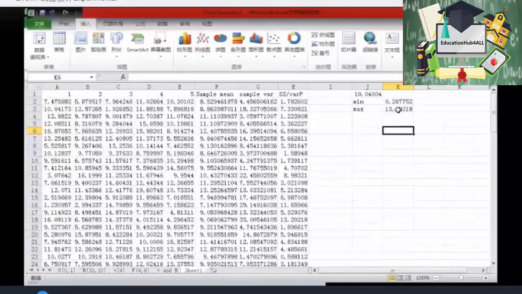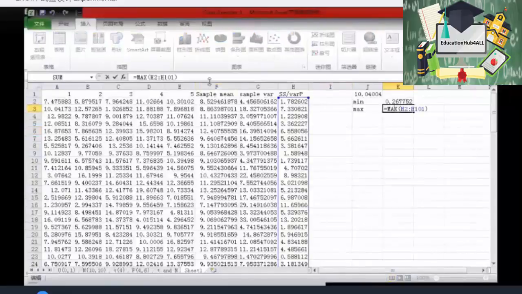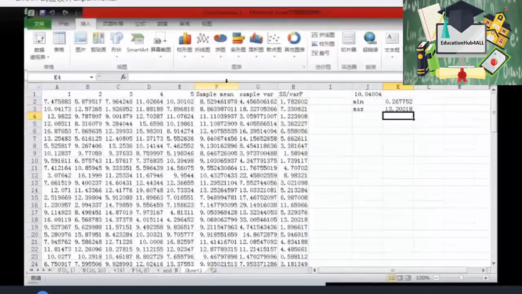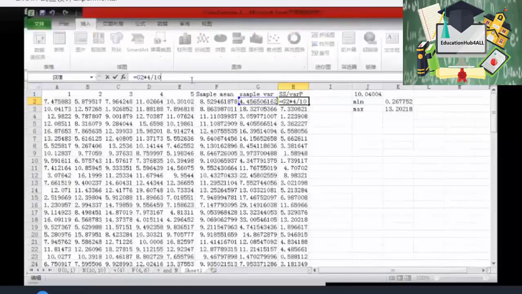You have 1.38? I mean the maximum. This column is the G column multiplied by 4 divided by 10.